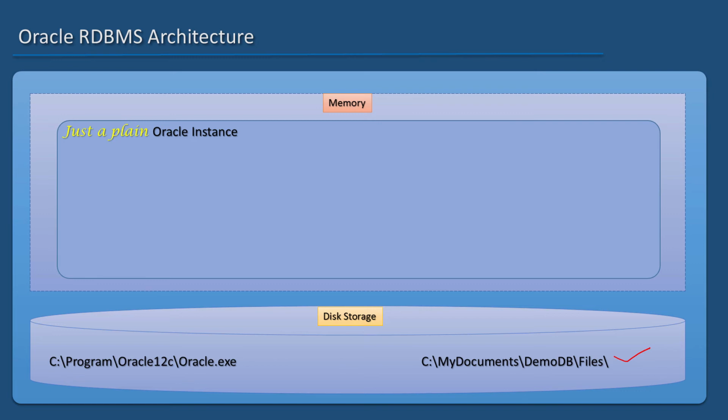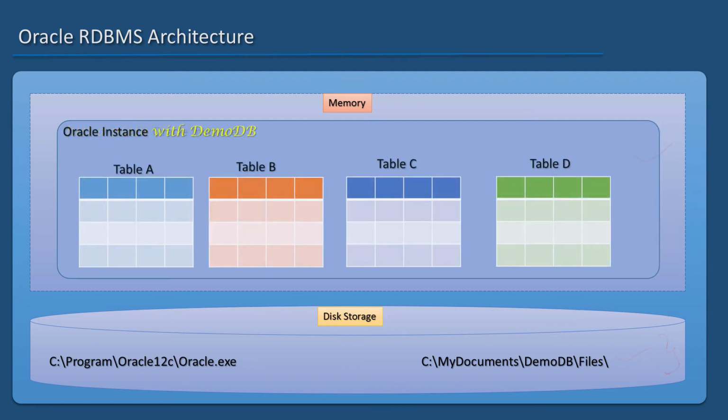Now, using the Oracle instance, which is already running here, I can open these database files. Let us assume these set of files belong to a database called DemoDB. When I open these files, this means that the Oracle instance has opened the database files belonging to the database, and the database is available for use.